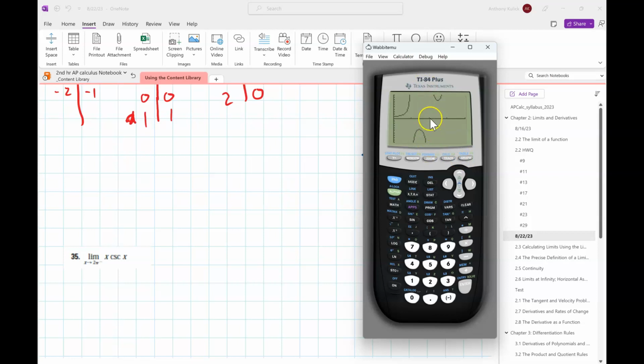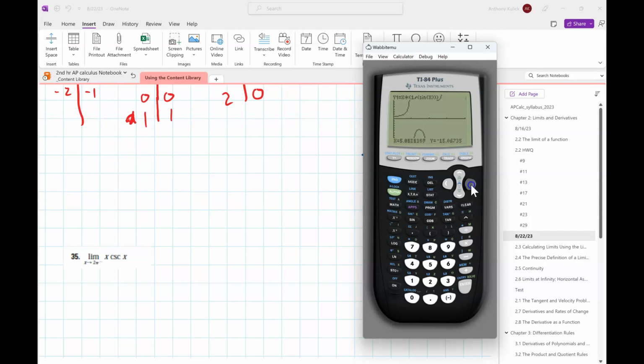So the side I'm looking at is this side, right? So there's my cursor heading towards 2 pi, which is right here. 2 pi is like 6.28-ish. So I'm just going to look at those x values and see what's happening.